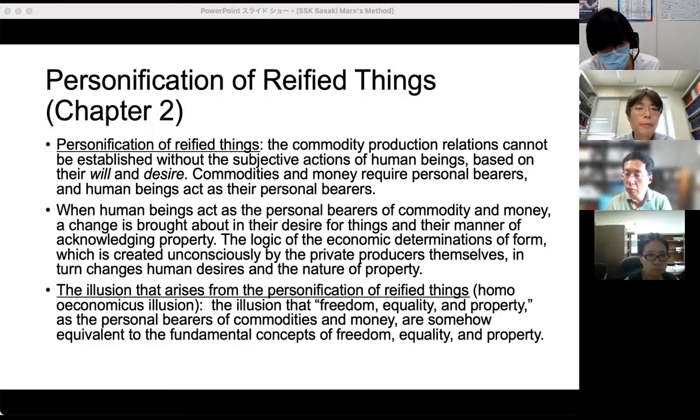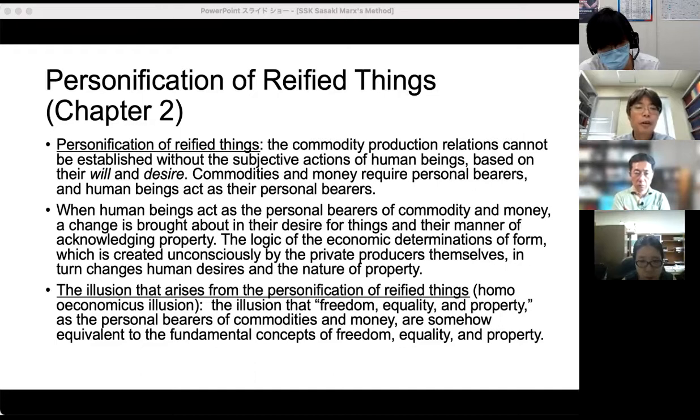When human beings act as personal bearers of commodity and money, a change is brought about in their desire for things and their manner of acknowledging property. The logic of the economic determination of form, which is created unconsciously by the private producers themselves, in turn changes human desires and the nature of property.